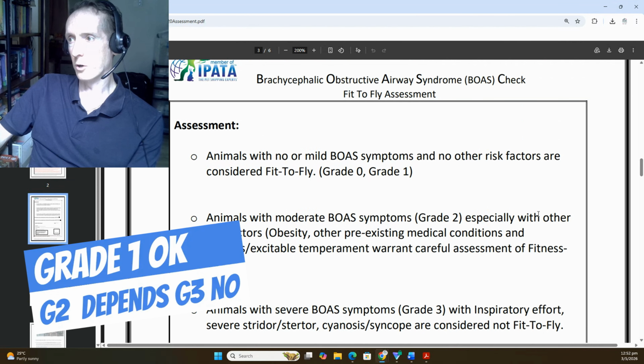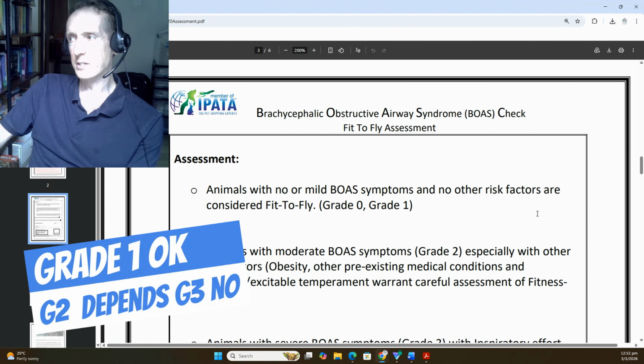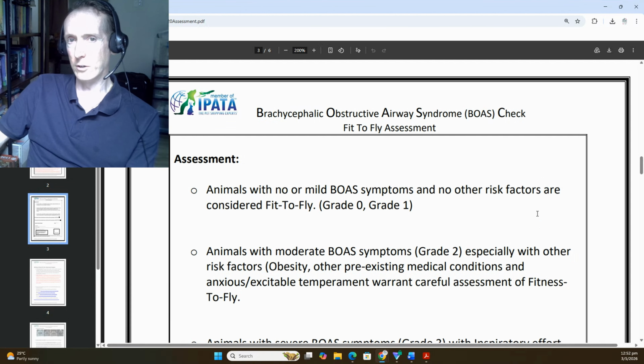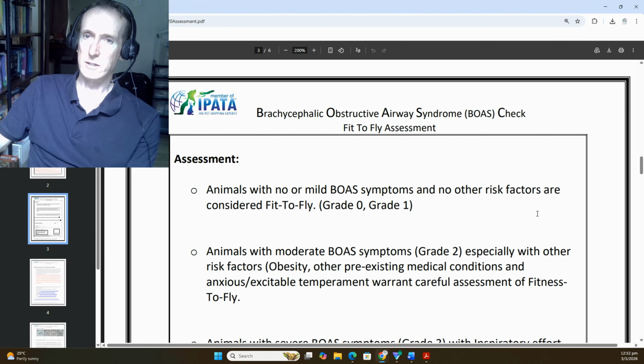Okay, so I tend to recommend doing this test twice. I tend to recommend doing the test early on when the pet move is being considered, to give you more confidence on how your pet's flying is going to be, how the pet's breathing is going to be, and whether or not there's any airway risks.